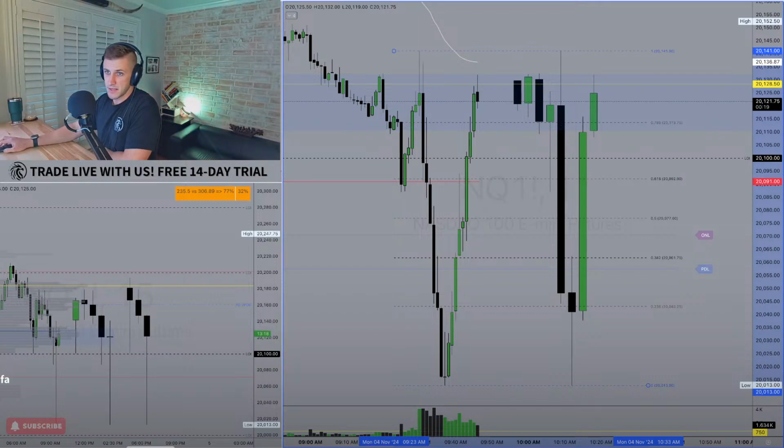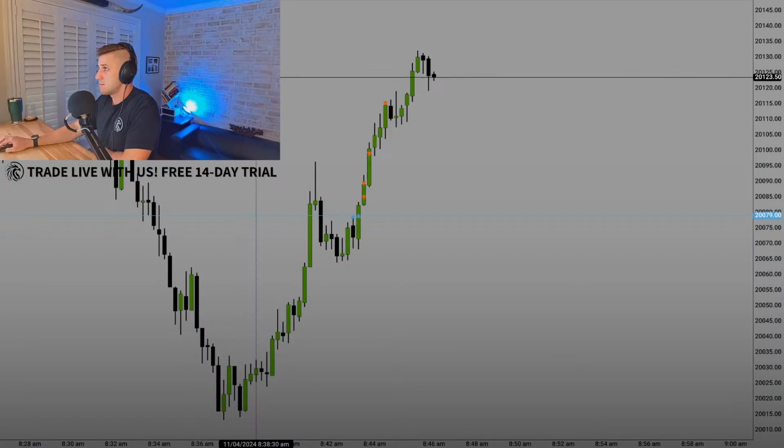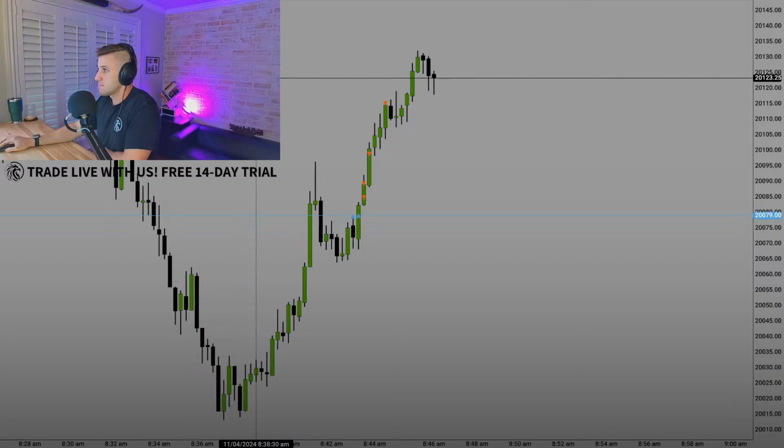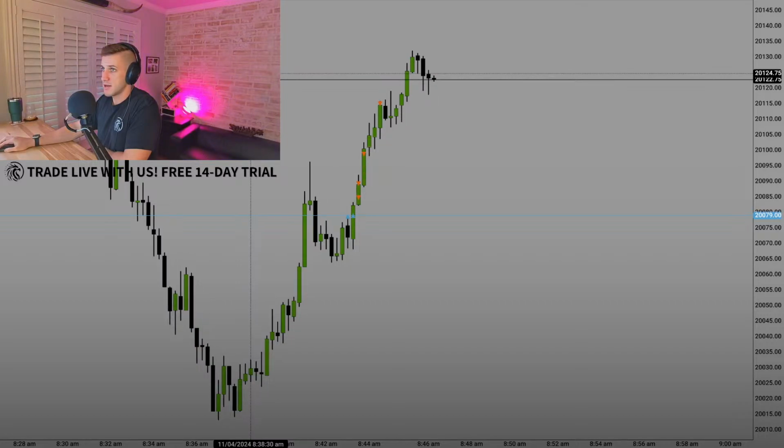15-minute does look good. It needs some follow through though. Need to break through that high. See if we get a fresh high here.